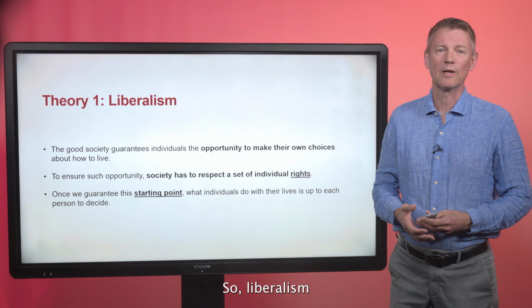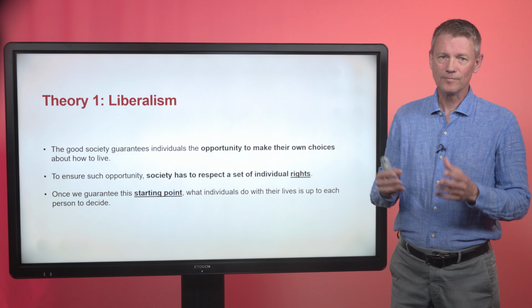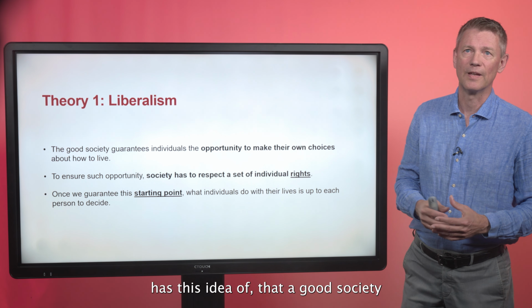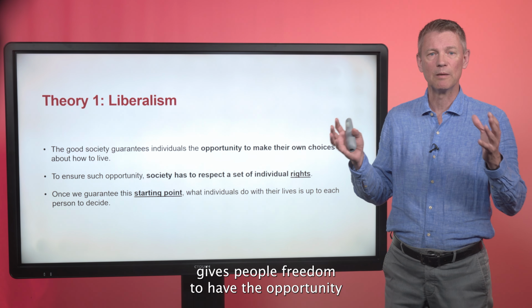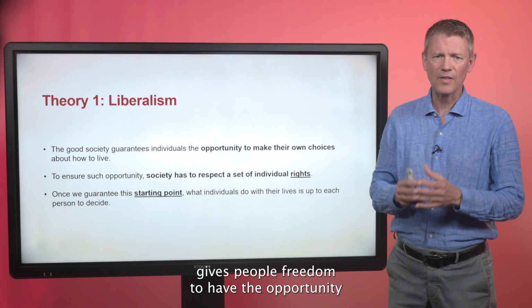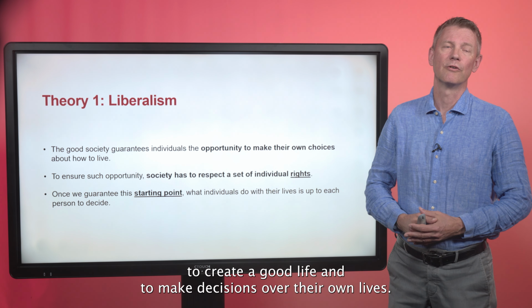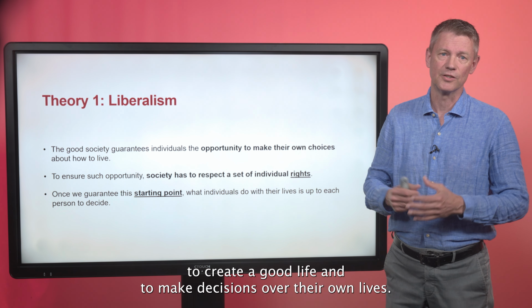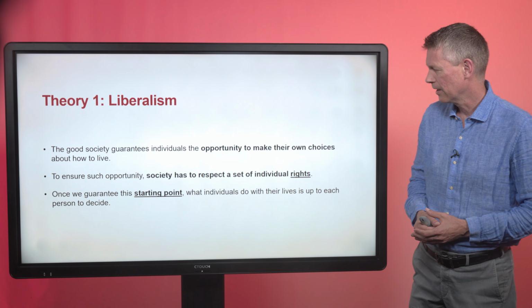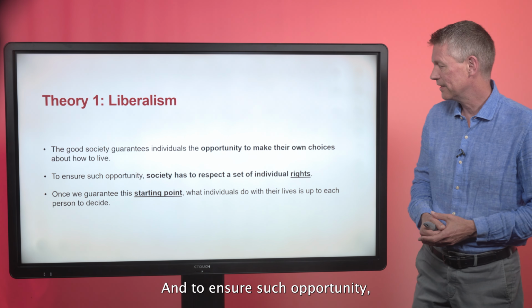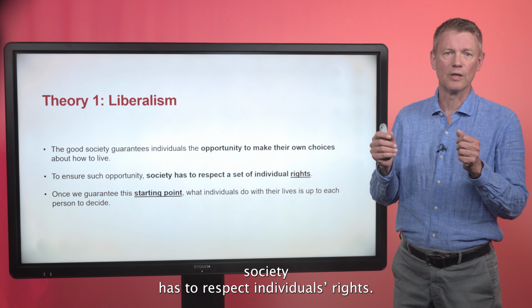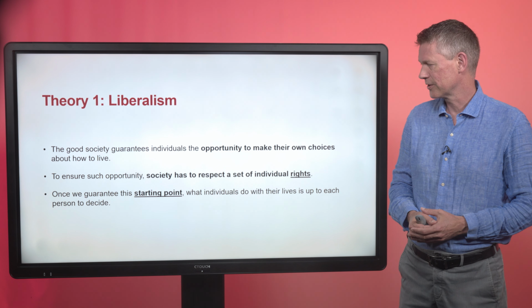So, liberalism has this idea that a good society gives people freedom to have the opportunity to create a good life and to make decisions over their own lives. And to ensure such opportunity, society has to respect individuals' rights.